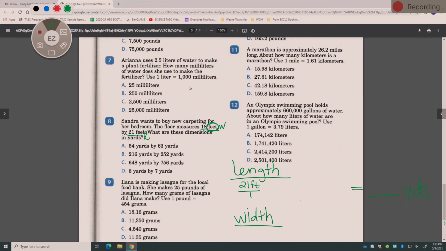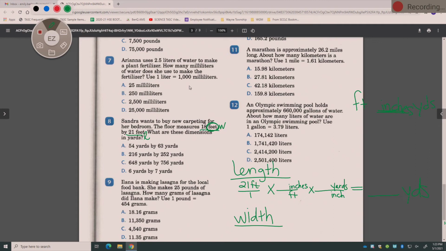But to get to yards, if I've got feet here and yards here, what I need to get in between there is inches. So I need a fraction that has feet down here and inches up here, so that I can have a new fraction that has inches down here and yards up here, right? Because eventually I want everything to cancel out except for my yards.